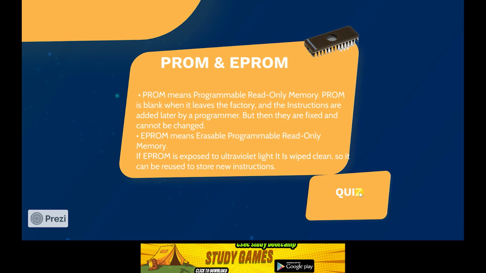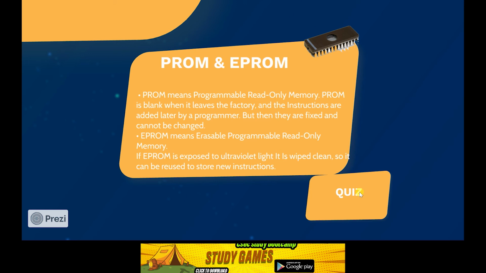Now, we're living in modern times, so there are also other forms of ROM that can be altered after they leave the factory, and there are two of them. These are known as PROM and EPROM.